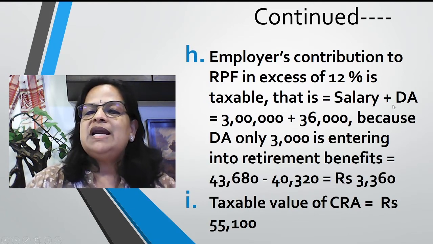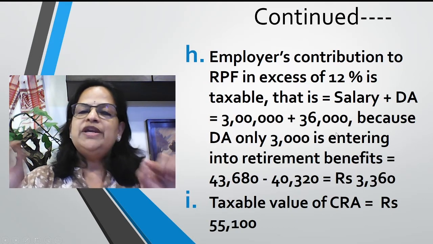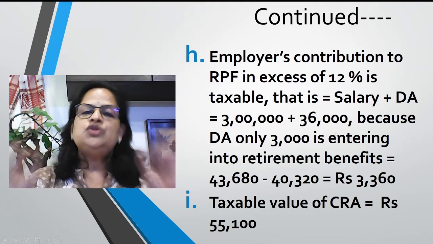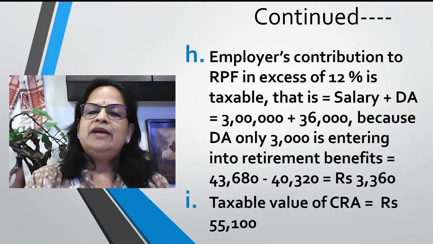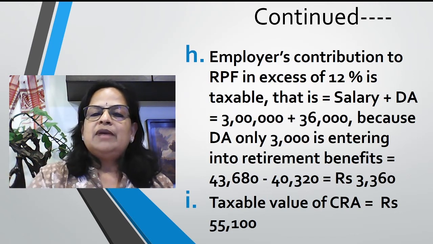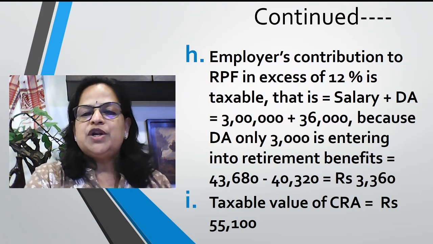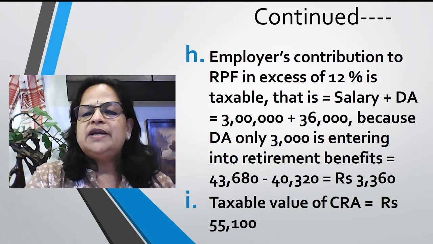That is salary plus DA: 3,000 plus 36,000. I told you DA we will take only 3,000 into 12. That is how you are getting 36,000. DA is only 3,000 because only that is entering into retirement benefits. So here RPF 13% is 43,680, 12% is 40,320.